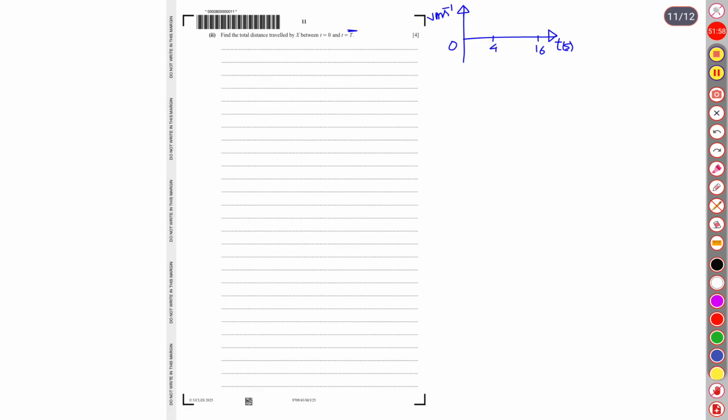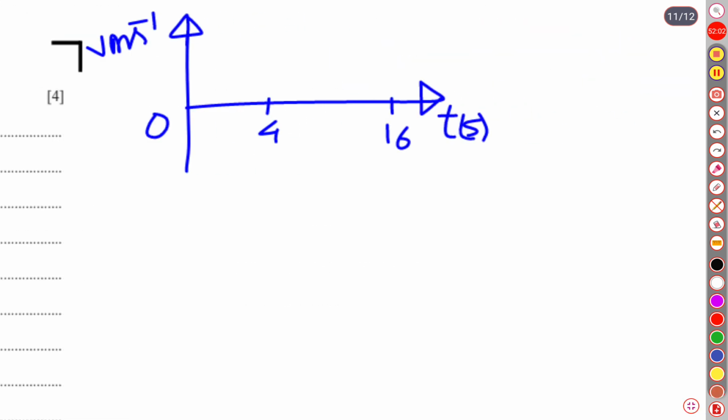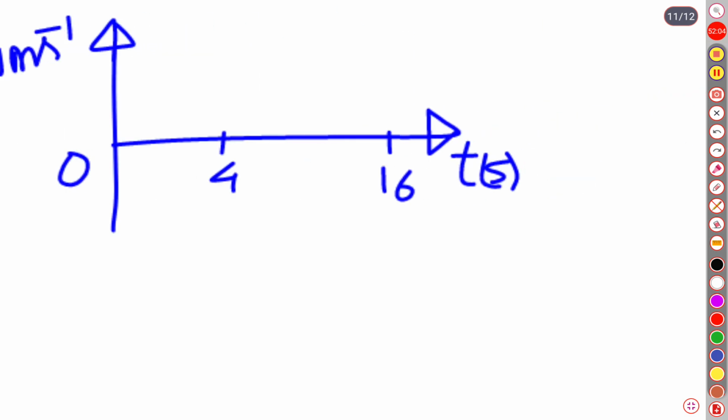Let's draw this straight line until 4 seconds. We should know the initial velocity was 0.6. Let us write here 0.6. So it was just a straight line like this.